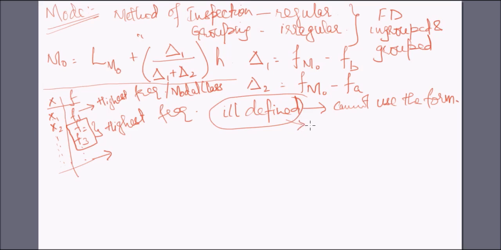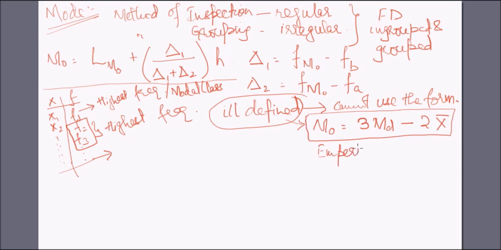This empirical formula is based on what has been seen most often, and it's given by mode equals 3 times median minus 2 times mean. So this is the empirical formula which you will be using when the mode is ill-defined.